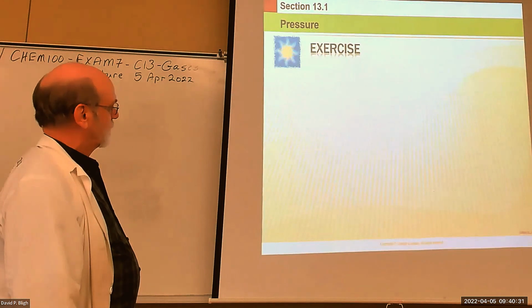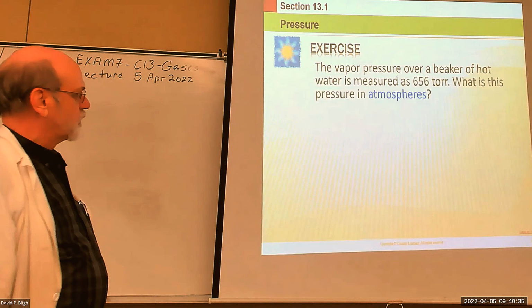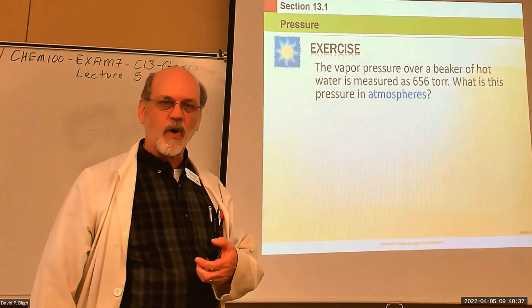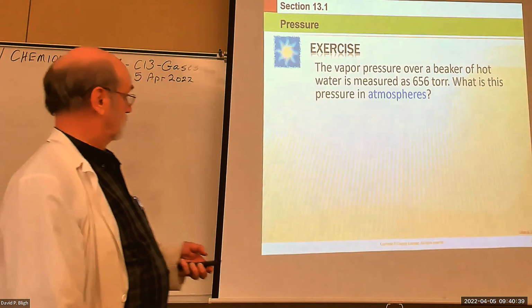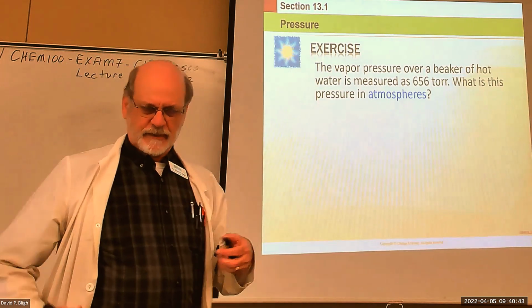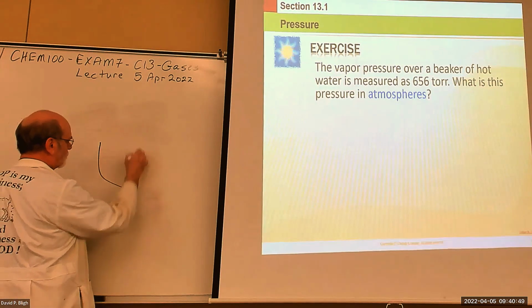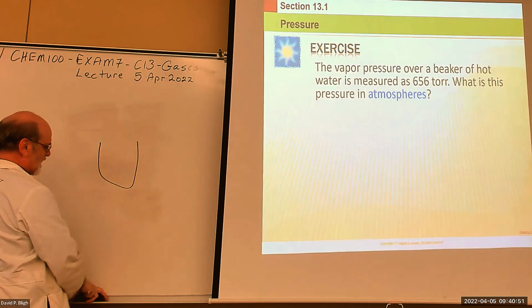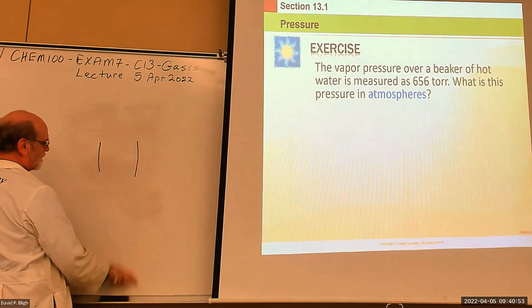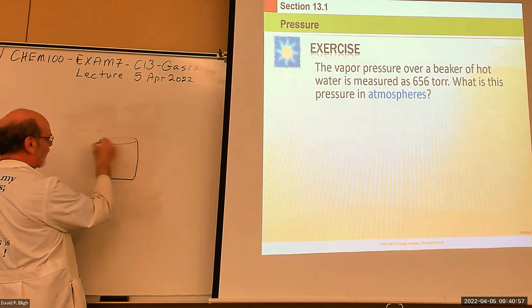All right. How about this one? So if you measure the vapor pressure of water over a beaker of hot water, and how would you do that? Well, if you had your beaker, that's a pretty lopsided beaker. Let's try it. Yeah, that's better. Okay.